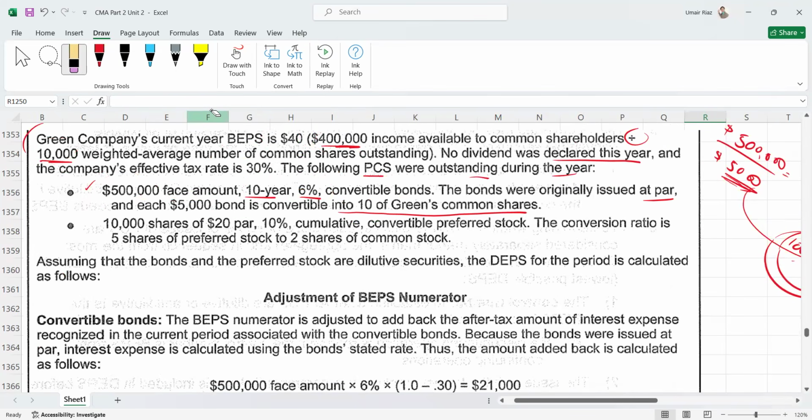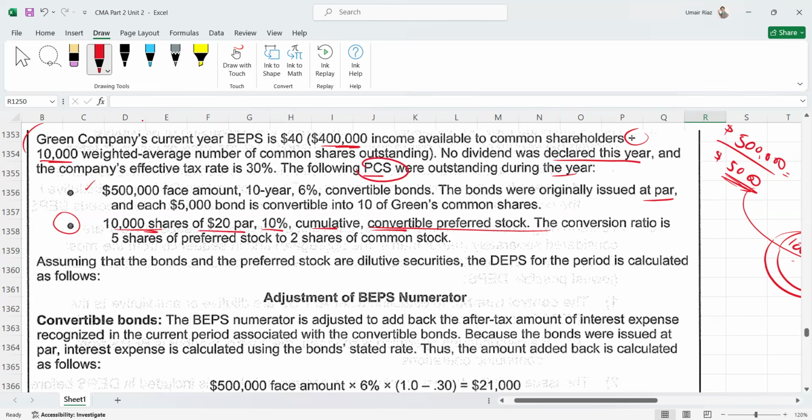I'm assuming shares outstanding are given, existing one and new one, we are just adjusting. Now here, next transaction, they're saying 10,000 shares, $20 par value, 10% cumulative convertible preferred stock. It's also potential common stock.